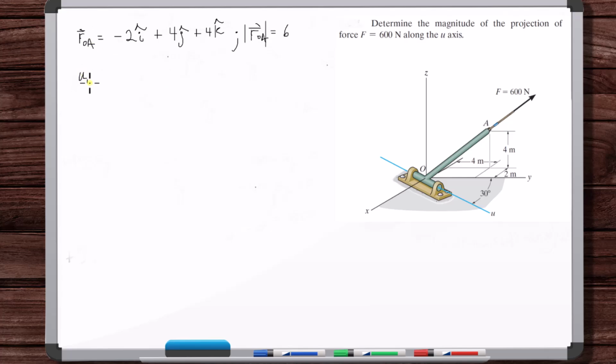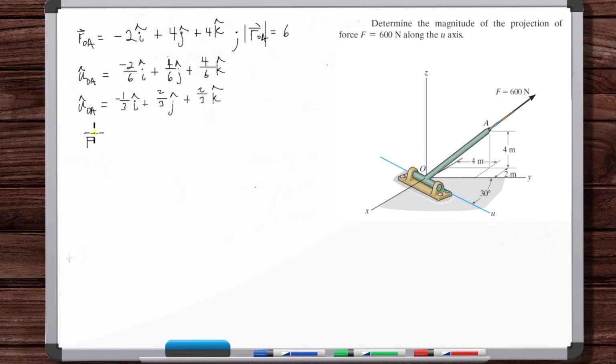So now the unit vector in the OA direction is, we divide r_OA by its magnitude. Okay, so now F is just 600 times this unit vector.